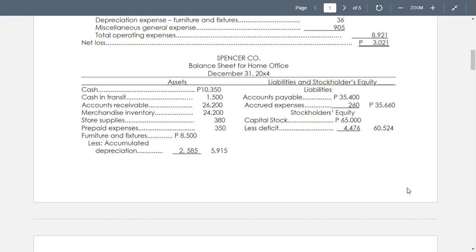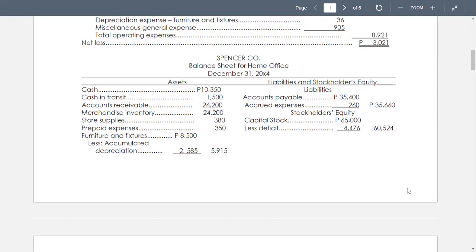Now you have the closing entries of the branch involving 1,200, 1,750.